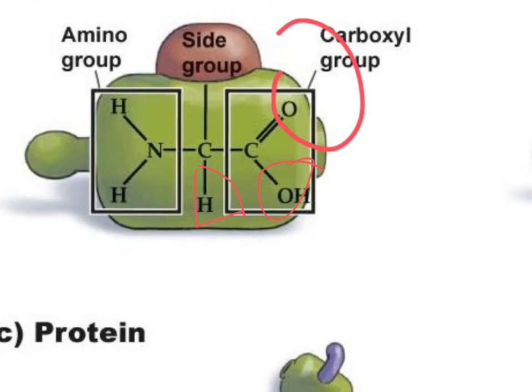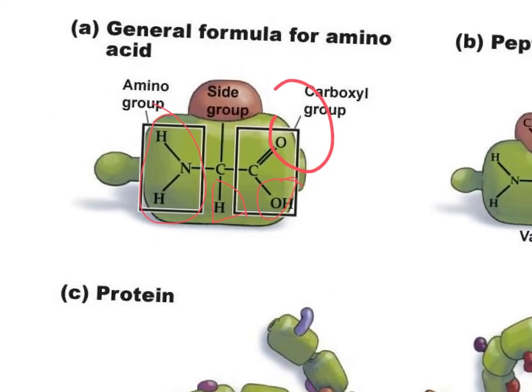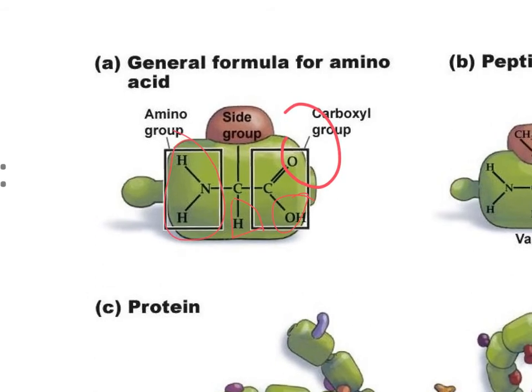This is the amine group. It always has nitrogen in it, a side group, a carboxyl group. So that's the basic structure of what a protein is made of. Proteins are made of long strings of amino acids.